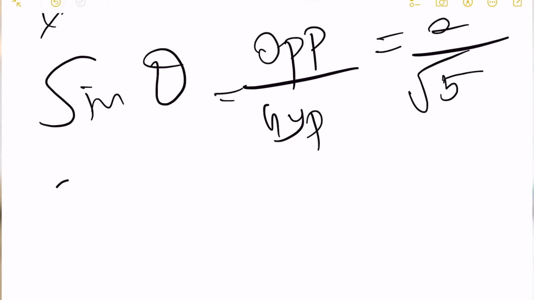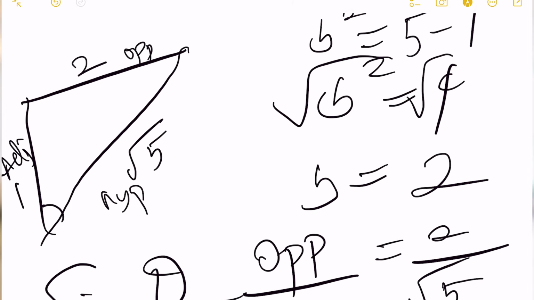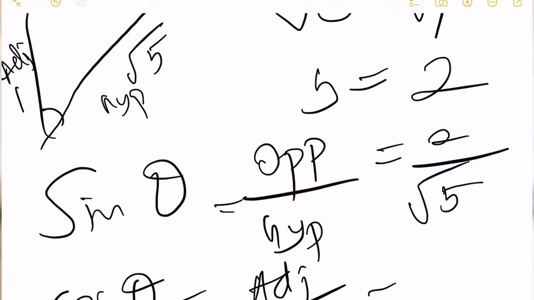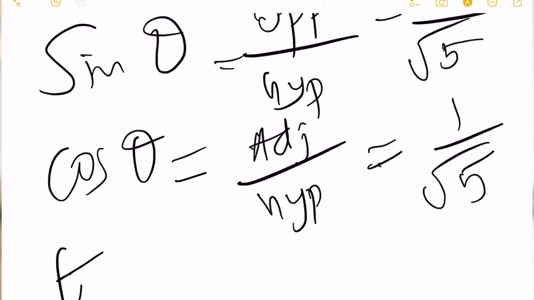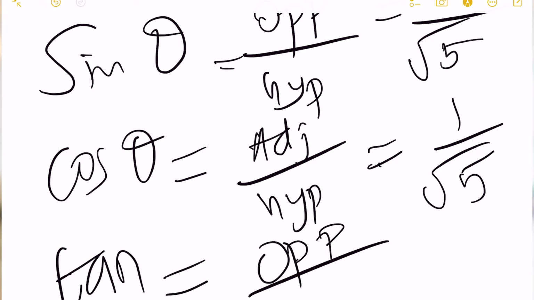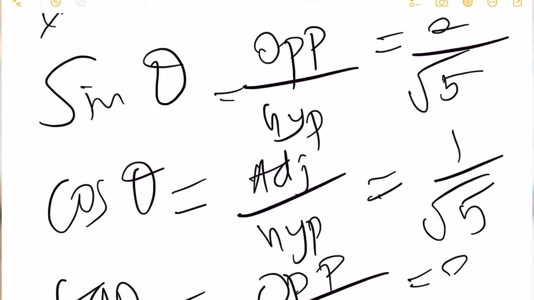Where we have our cos theta to be adjacent over hypotenuse. What is our adjacent? We have it to be 1 over root 5. And we have our tan to be opposite over adjacent, which is 2 over 1, which is also equal to 2.